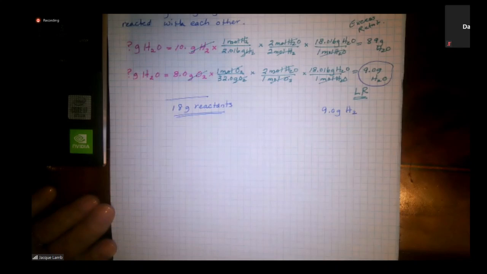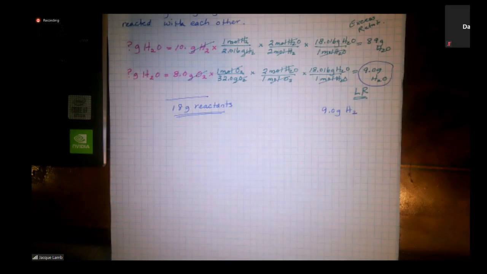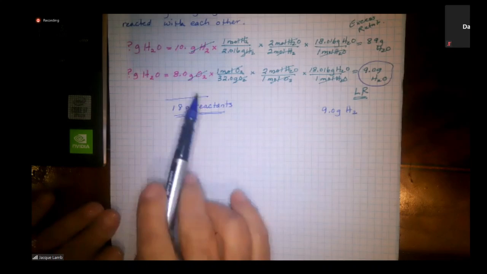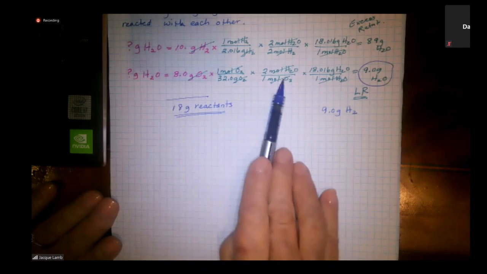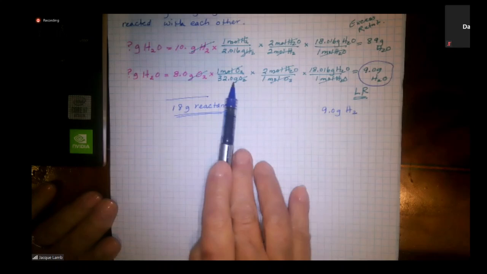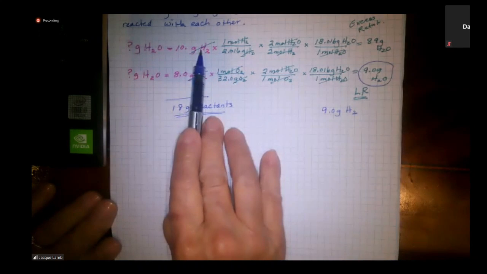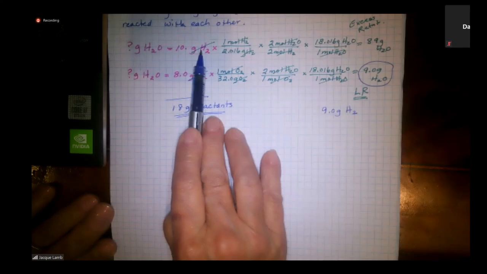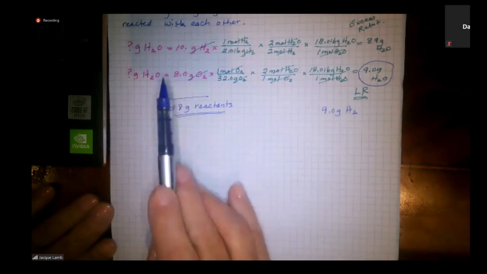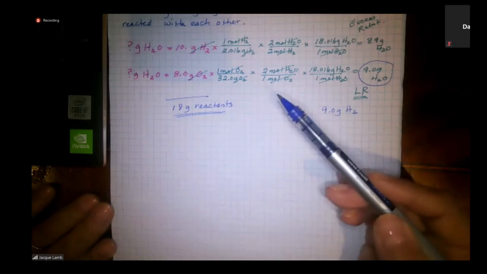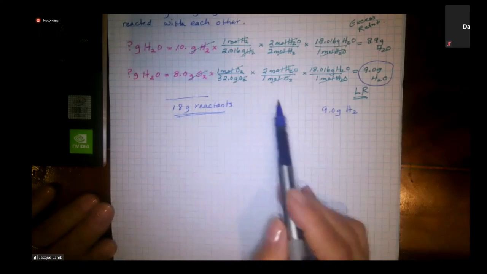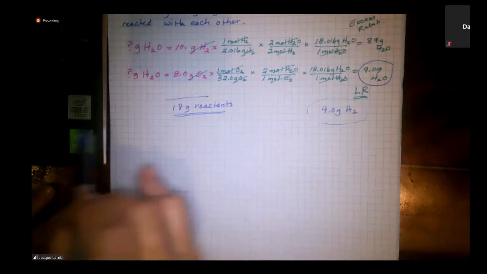Now we could go through a mathematical exercise that would calculate how many moles of oxygen we have, how many moles of hydrogen that would react with. That would tell us how many moles of hydrogen are used, and the balance would be unused, and that would be represented by 9 grams of hydrogen.